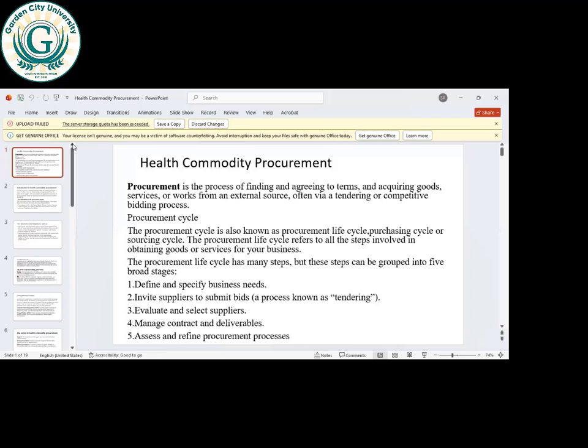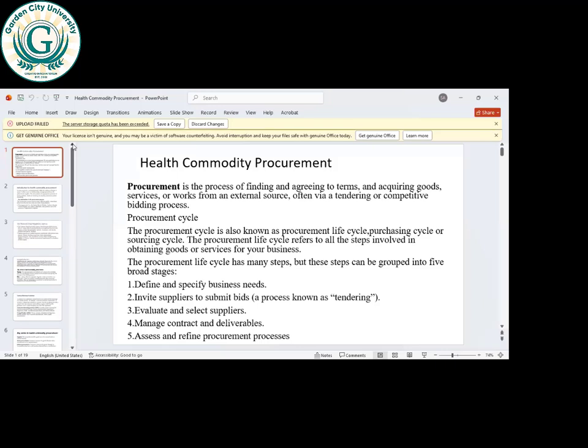So if we take the definition and explain it, you can see that when we talk of a process of finding, in supply chain, the first stage is to identify a need. And the need may come from different functions or departments within the organization.